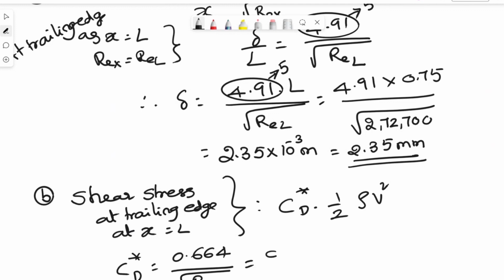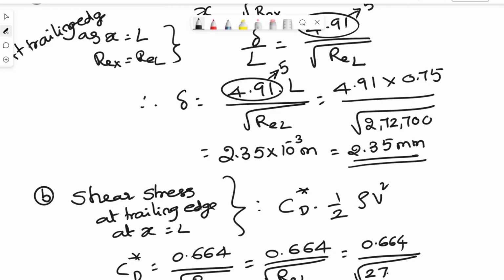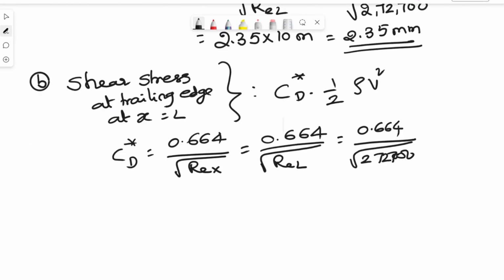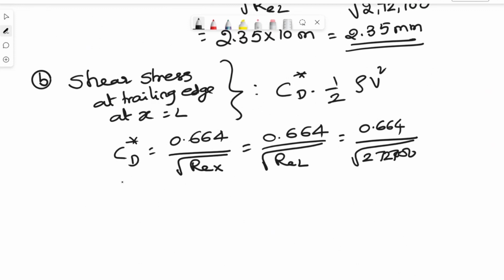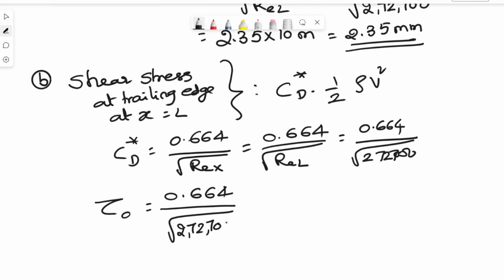But in this problem, we want it at the trailing edge, so naturally it will be Rel. So 0.664 divided by root of 2,72,700. This is our next thing. Once this is obtained, put it in. Then tau naught is equal to 0.664 divided by root of 2,72,700 into half into rho, because he has given it as water.